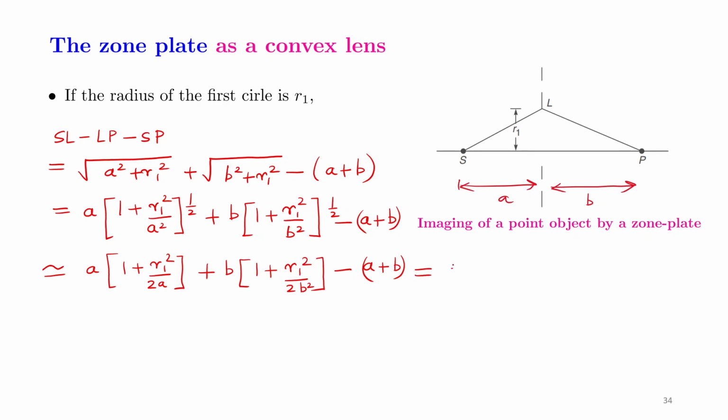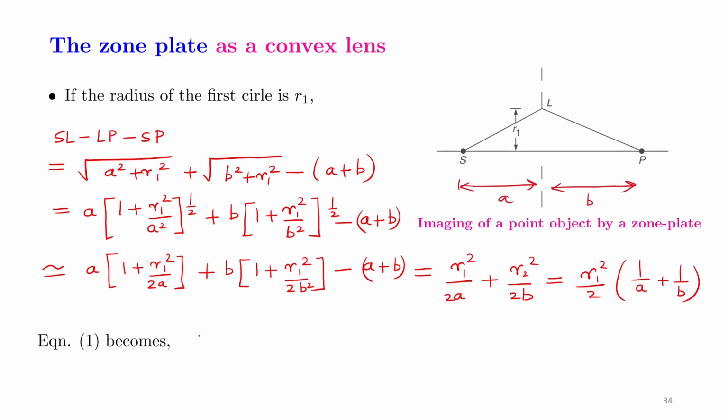And this is equal to r1 square divided by 2a plus r1 square divided by 2b, and this is equal to r1 square by 2 times 1 by a plus 1 by b.